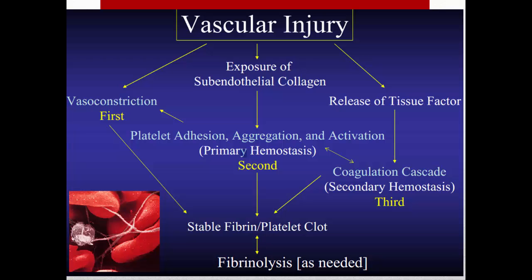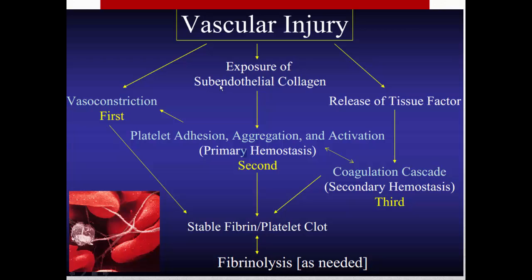So again, let's look at it in general. Let's say we start with a vascular injury. The first step, again, is vasoconstriction, that vascular spasm, getting those smooth muscle cells to constrict in the vessel wall where it's damaged. Then the underlying subendothelial collagen is exposed because of the injury.